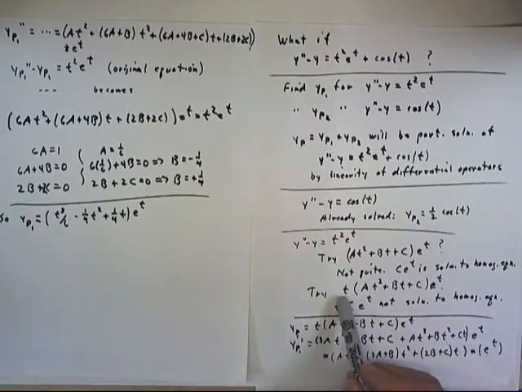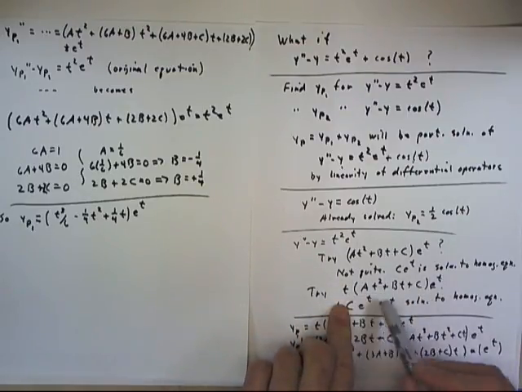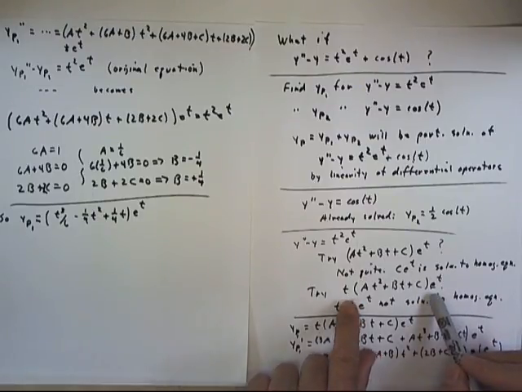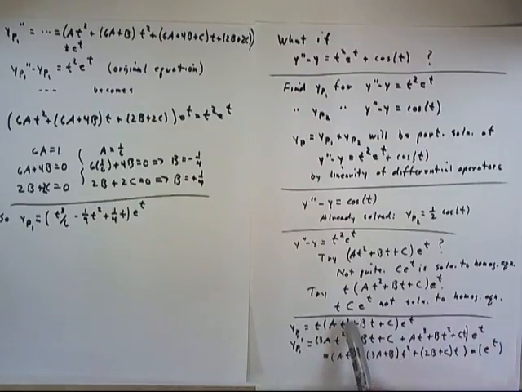So we've multiplied that solution by t, and now none of the terms of this trial particular solution are solutions to the homogeneous equation. And we're going to proceed.